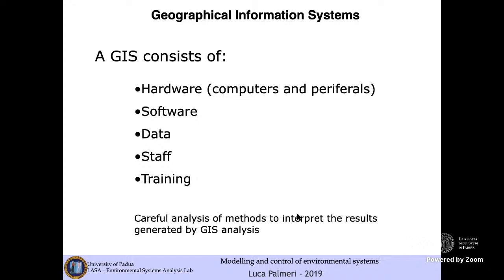A GIS system consists of hardware, computer and peripherals like plotters; software, ArcInfo, ArcView, MapInfo, GRASS; data, remote sensing data, for example, satellite imageries or pictures. Then you need staff, people that are trained for managing this large quantity of data.